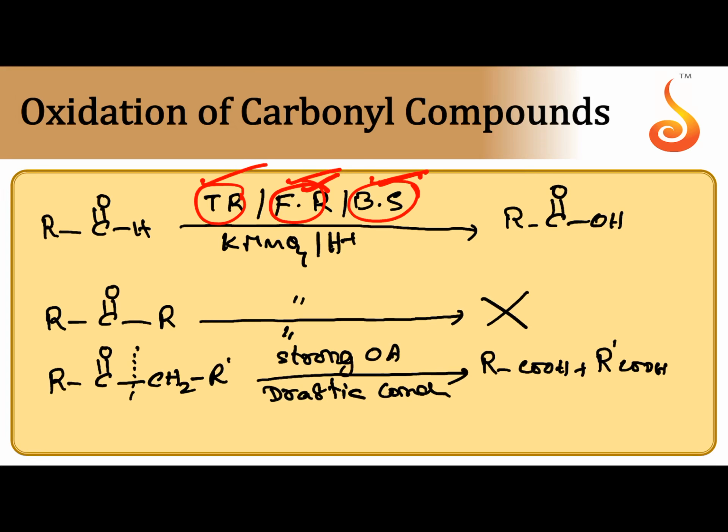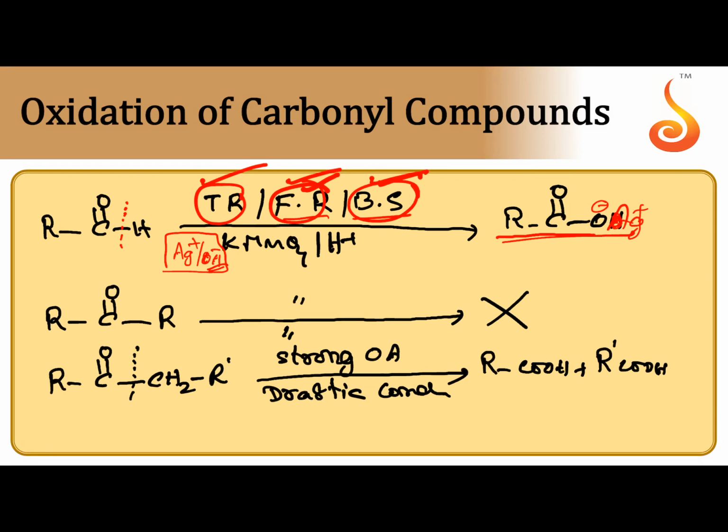They can oxidize only aldehydes to carboxylic acids. So in Tollens reagent, alkaline Ag plus acts as specific oxidizing agent. It oxidizes aldehyde to carboxylic acid. But in the presence of base, carboxylic acid can exist in the form of carboxylate, silver carboxylate.